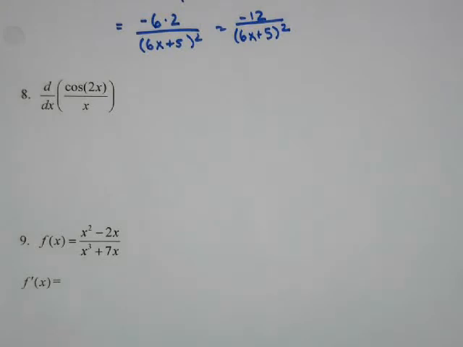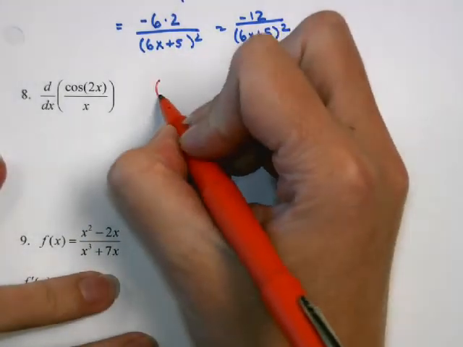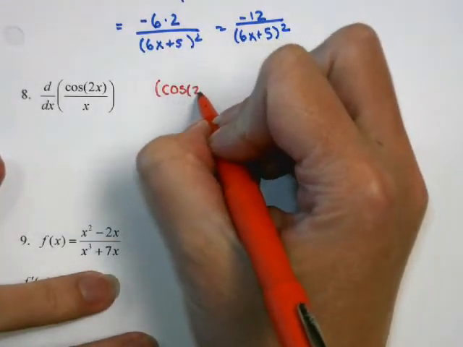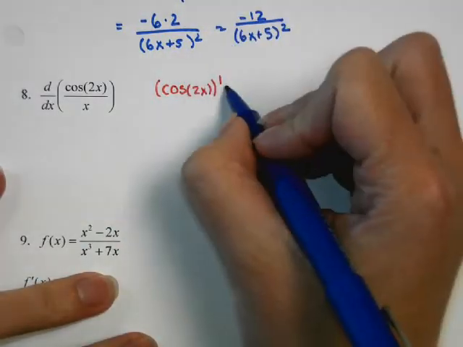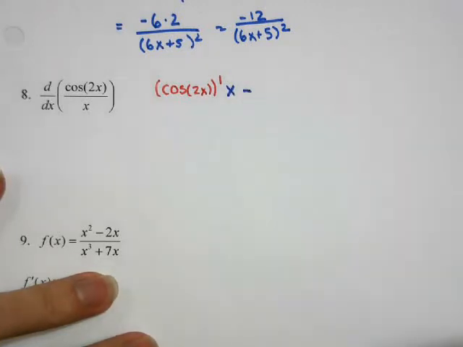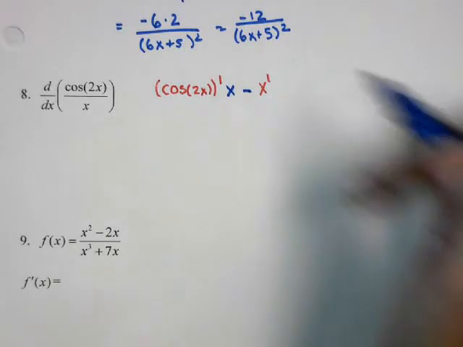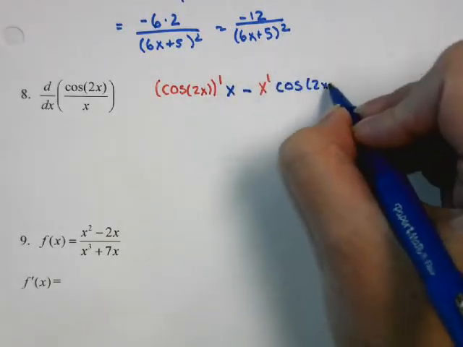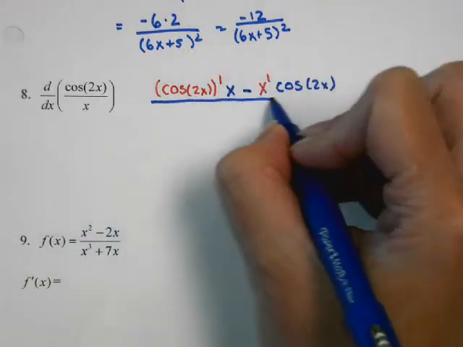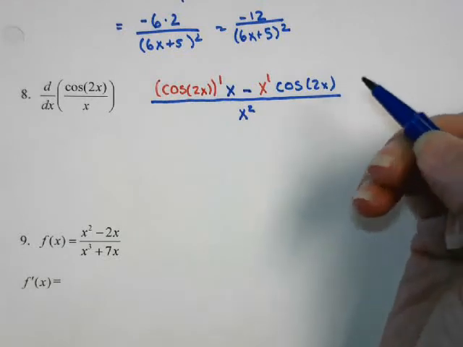Okay, so we're going to do this next one. Okay, so we're going to have the derivative of the top times the bottom minus the derivative of the bottom times the top over the denominator squared.